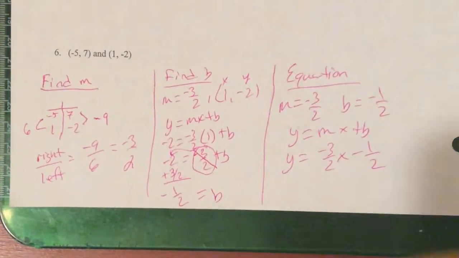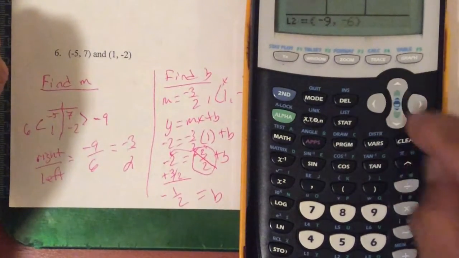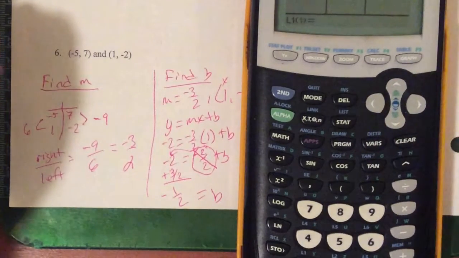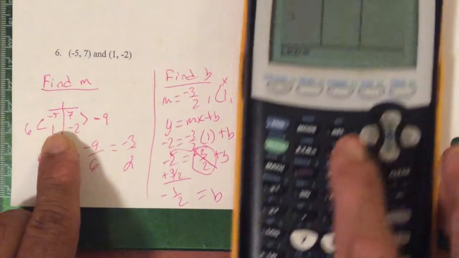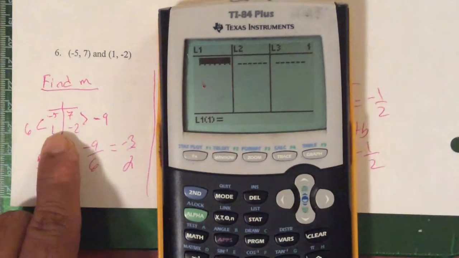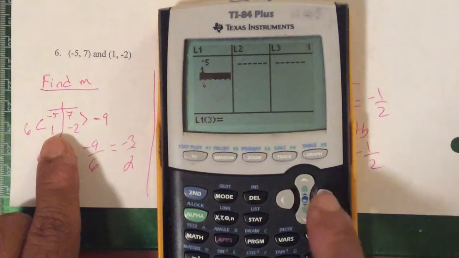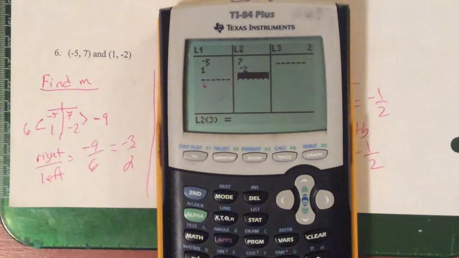Now let's go back with the calculator and let's do stat edit to see if we get the same answer. Okay, don't forget to clear your table. Now, your table was -5, 1, and then 7, and -2 on the second column.